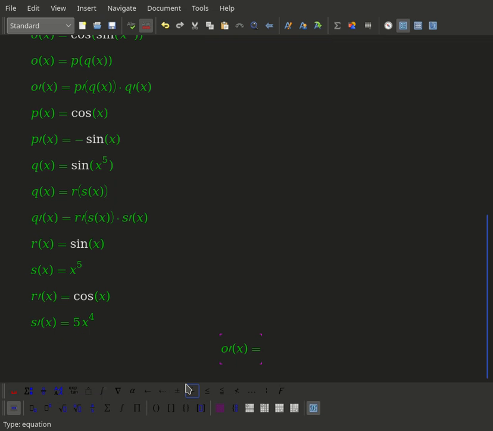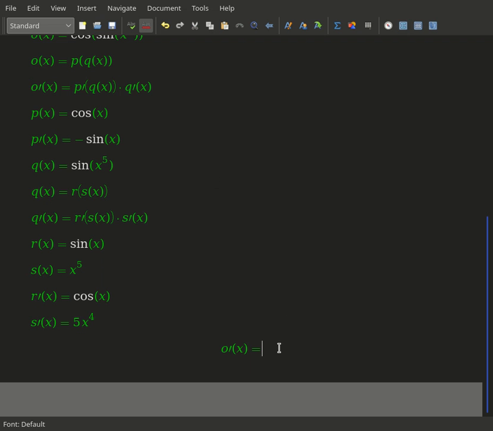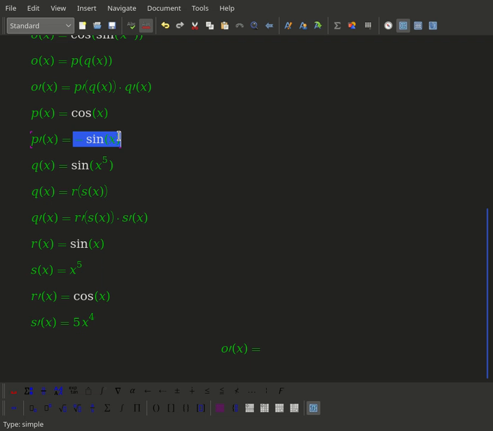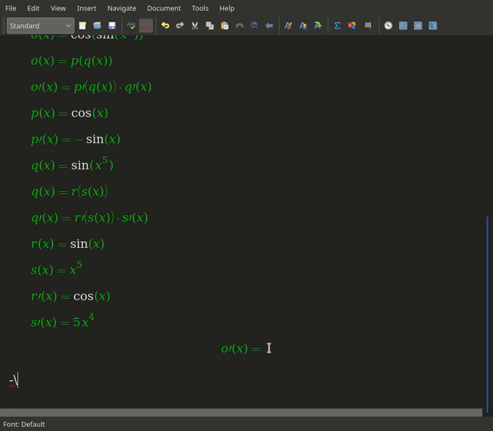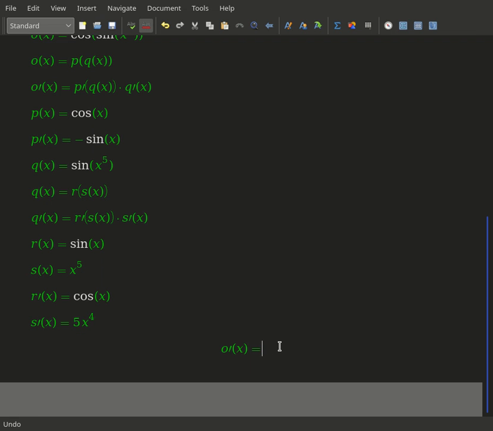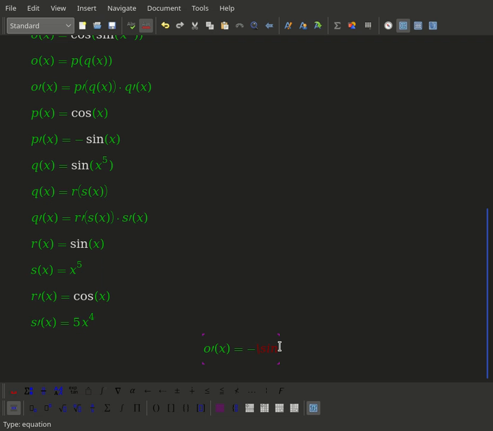Which we had originally indicated up here would be P prime of Q of X times Q prime of X. So we have P prime of X is negative sine of Q of X, which is sine of x to the fifth, times Q prime, which is R prime.